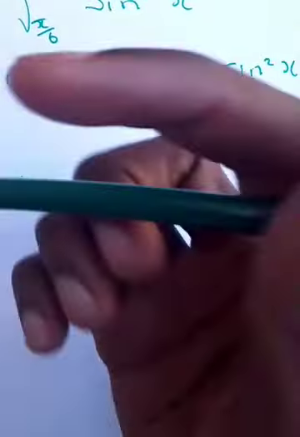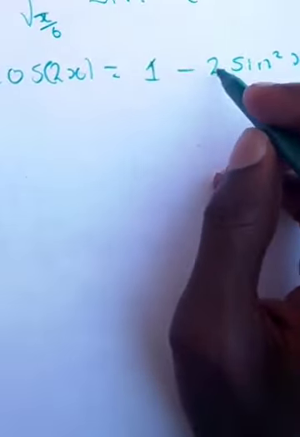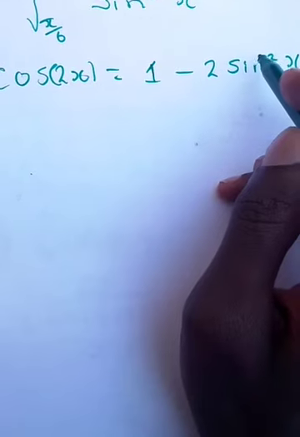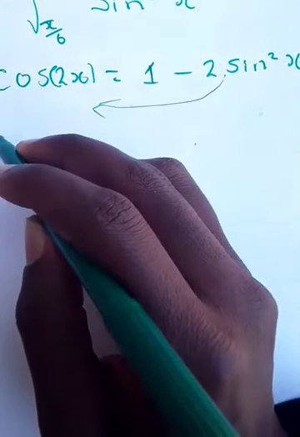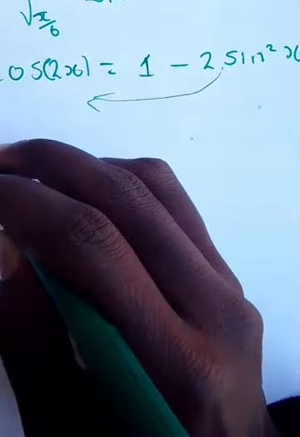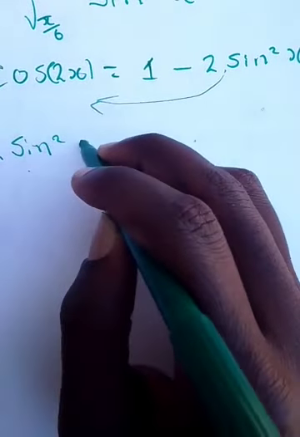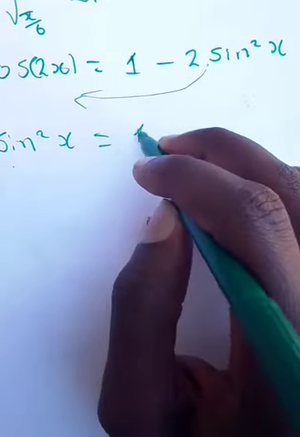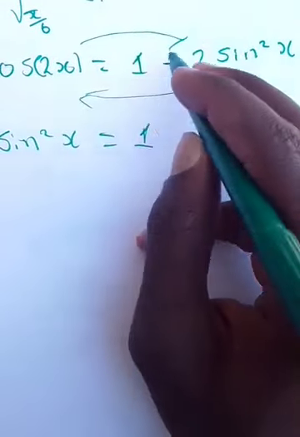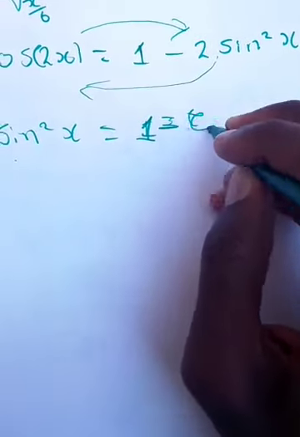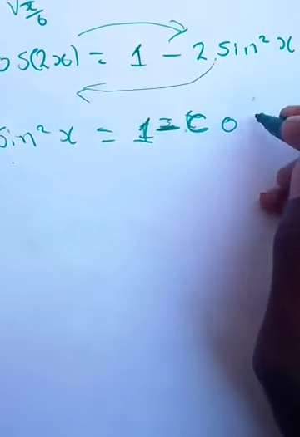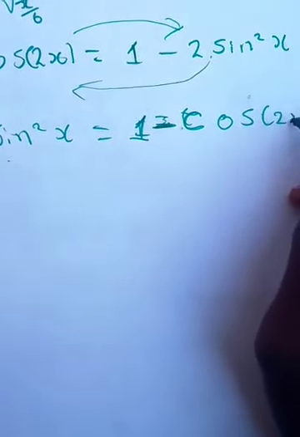Okay? So your goal right now is to just make sine squared x the subject. So what I'm going to do is that I'll just take this one on this side. So I'll say 2 sine squared x is equal to, it's going to become positive, right? And then this one I'll take it on the other side. 1 minus, let me just write that properly, 1 minus cos 2x.